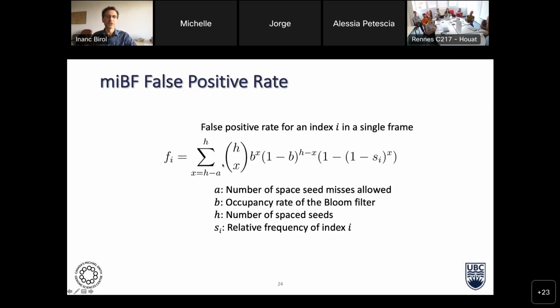The inner side of the summation is a binomial, and it is modified by this multiplicative factor that is a function of S_i, which is the relative frequency of a given index i. So that is the overall false positive rate of a MyBF.